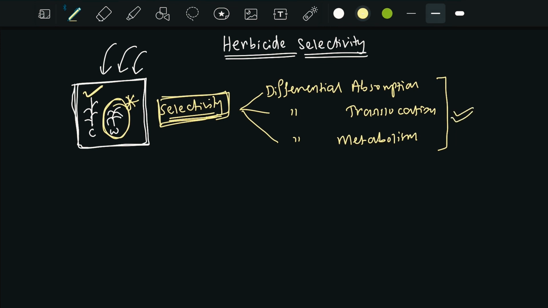So this selectivity of herbicide to any crop, or selectivity of herbicide to any weed, is based on differential absorption, differential translocation, differential metabolism.